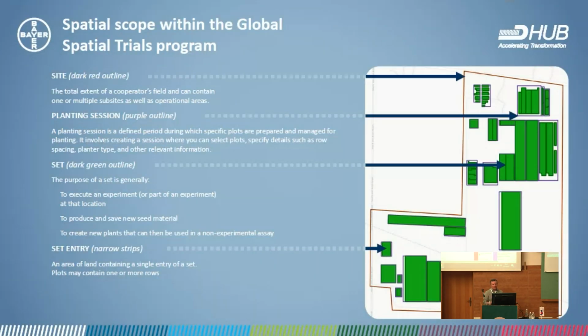Before we move on to the tech stack, I will quickly present the spatial scope of this program. As you can see on the right-hand side, this is a typical field in our program. We have the red outlined boundary, which represents the site, and within that site we can have multiple sets, these green areas, and inside of them we have very narrow entries where the product, I mean the seeds, is planted.